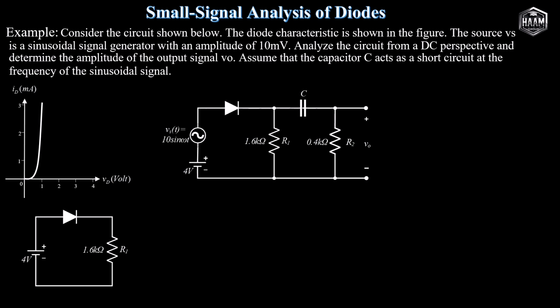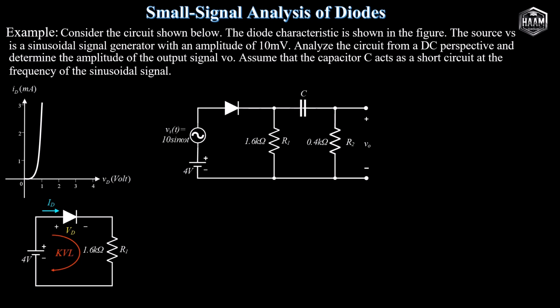Let us determine the resulting equivalent circuit. Our AC voltage source is short-circuited and the capacitor is an open circuit under DC steady state. We assign V sub D and I sub D across the diode driven by the DC supply.